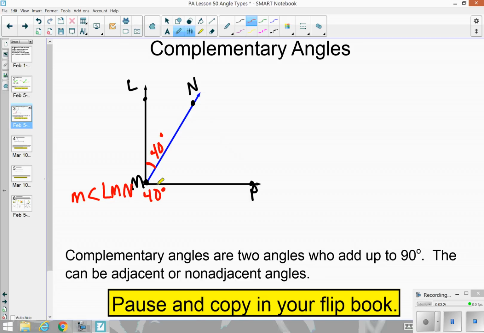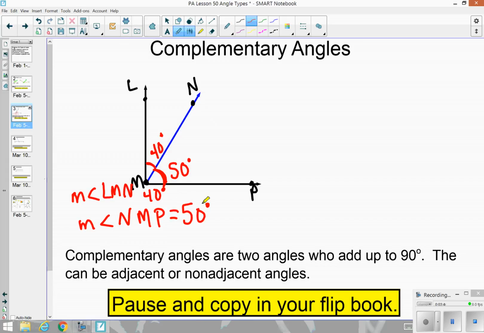Okay, and then if we look at the other angle, angle NMP, let's say that the measurement of this angle, measuring from one ray to the other ray, is 50 degrees. So the measure of angle NMP is equal to 50 degrees.